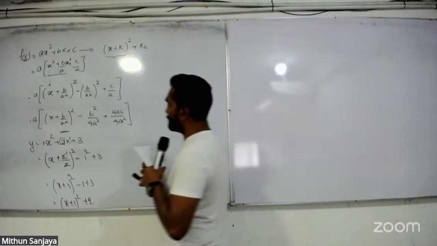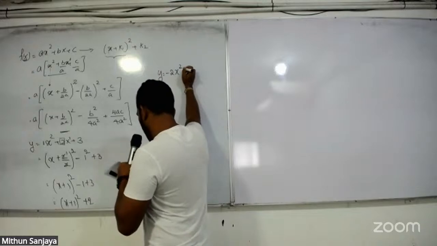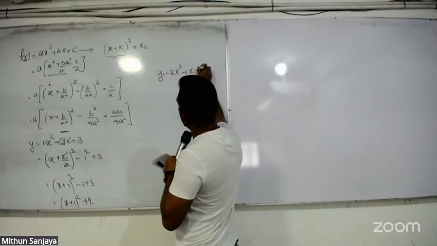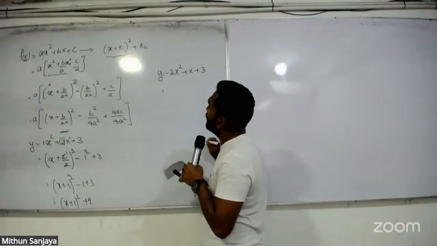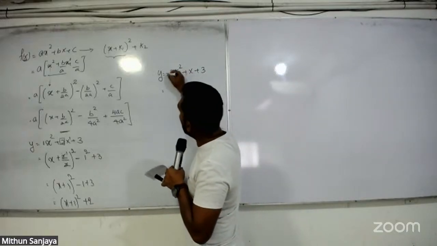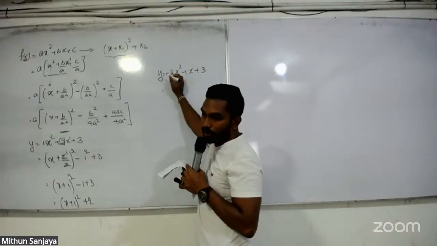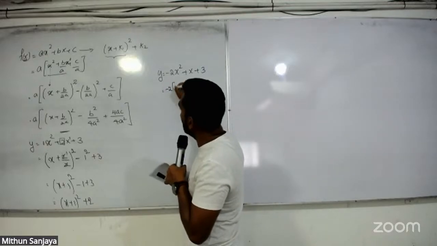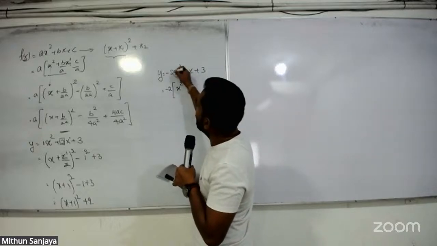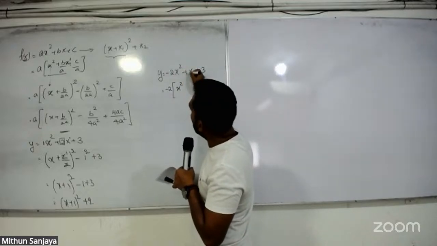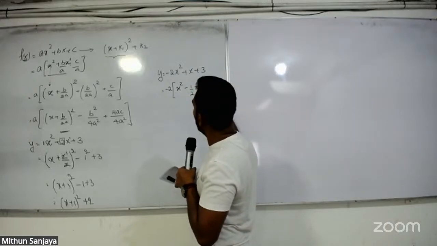The next one: y equals minus 2x square plus x plus 3. Now the coefficient of x square is minus 2, so we need to take out minus 2, leaving x squared only. Then minus 2 goes to the denominator: x squared minus half x minus 3 over 2.